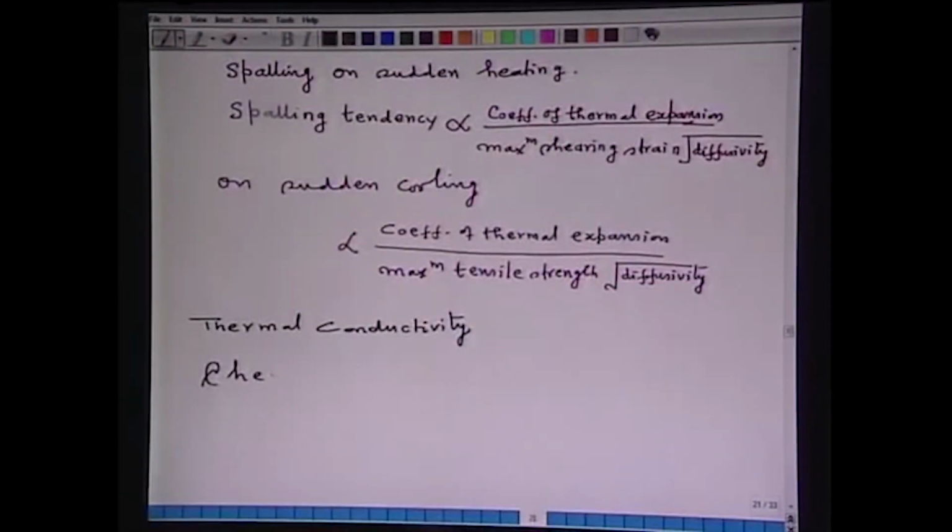Now, another important property is the chemical composition. The chemical composition is important so that the phases should not react with the refractory.